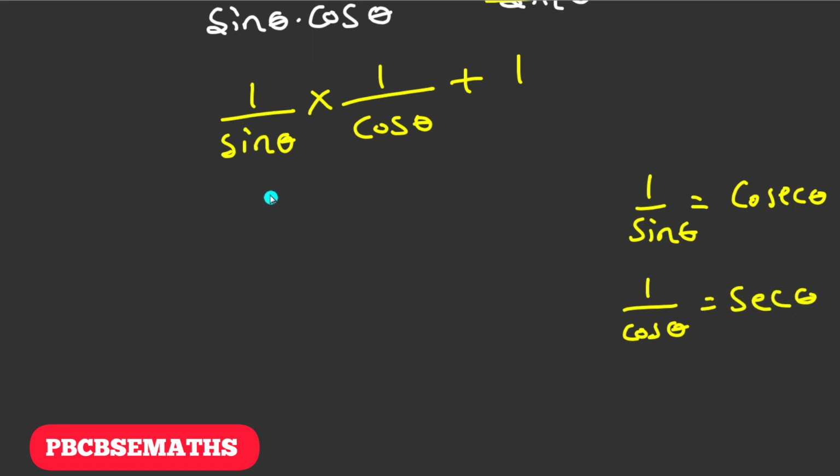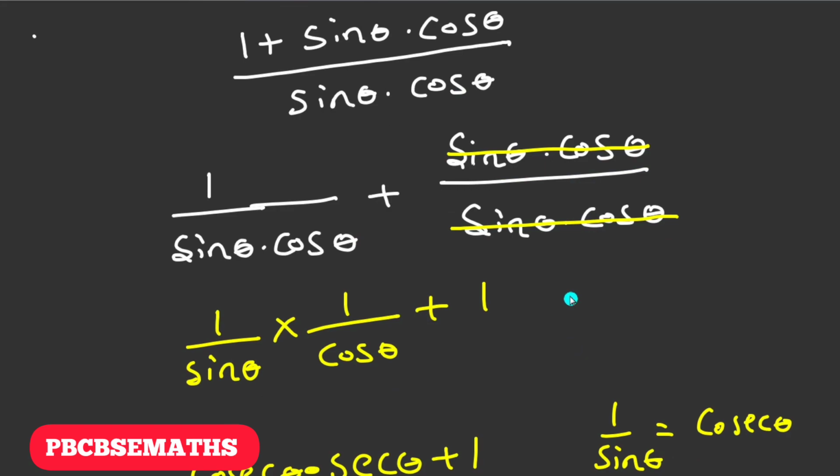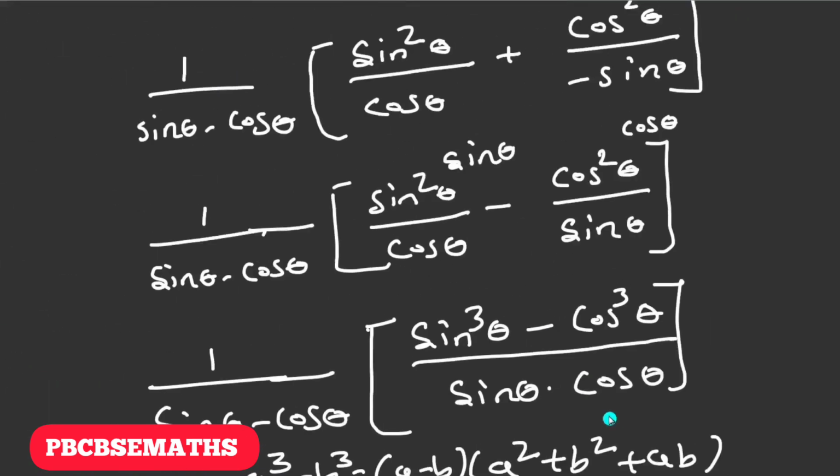So let's replace this 1 by sine theta by cosec theta into 1 by cos theta, that is secant theta plus 1. Or in other words, we can write it as by rearranging 1 plus secant theta into cosec theta. That is the solution for this fifth main third question.